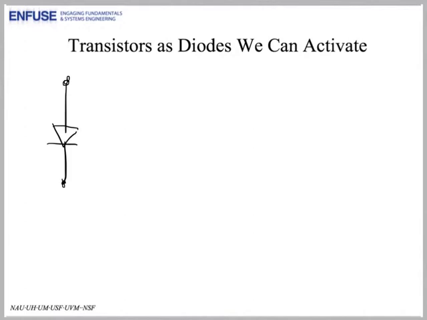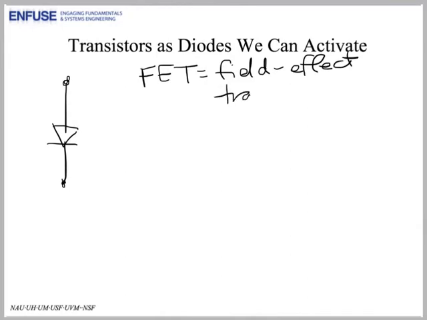And FET stands for Field Effect Transistor. The key point is that the FET has 3 terminals, not 2. And that third terminal, the gate, is what allows us to control the flow through the transistor.